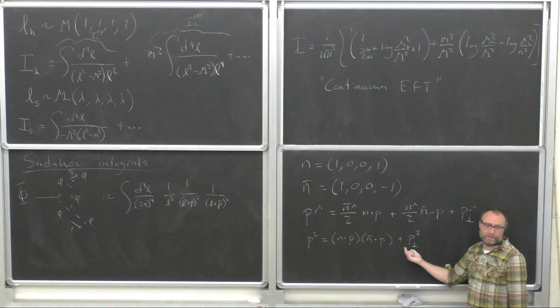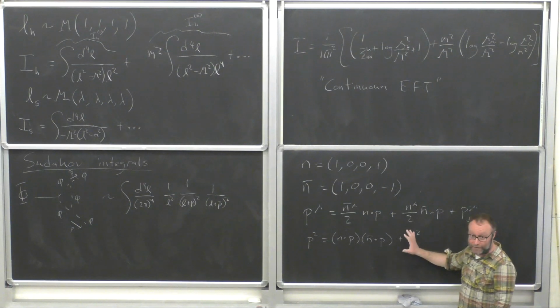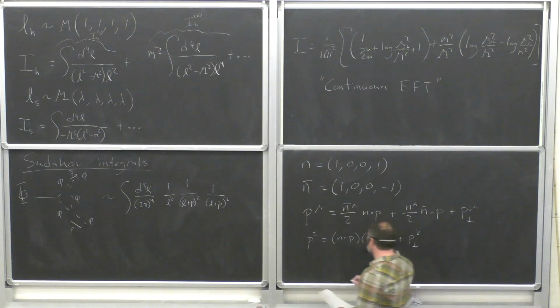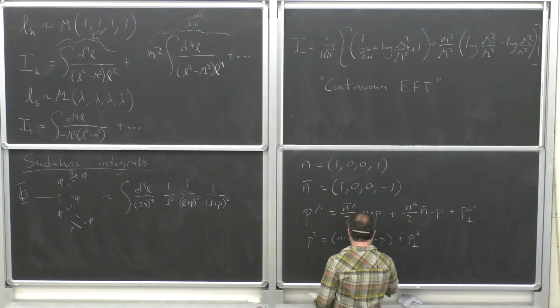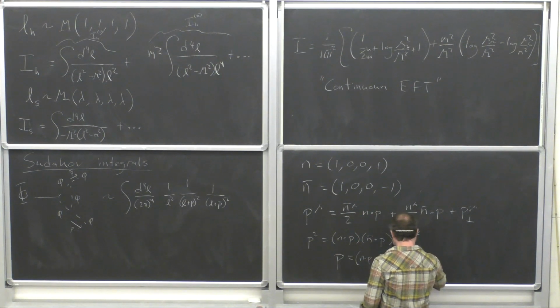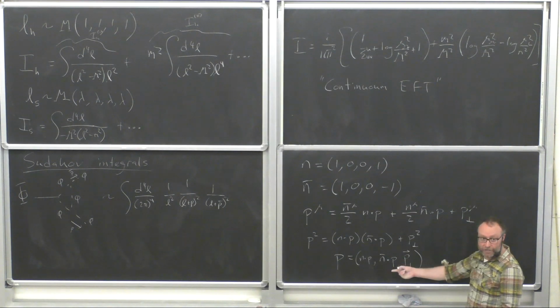There are minus sign differences, so anyway, I'm being quick here, but if you need to get the factors right, that's just something to note, okay? And then what we do in this business is we write p as (n dot p, n bar dot p, p perp). So we write 4-vectors in this three-entry notation, okay?